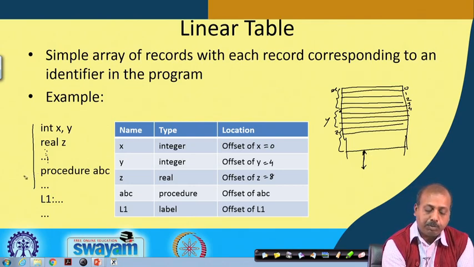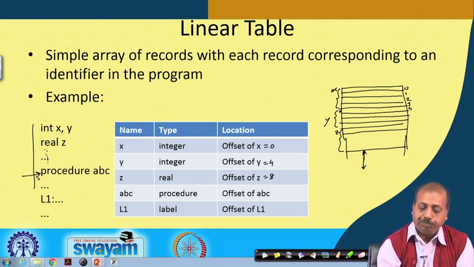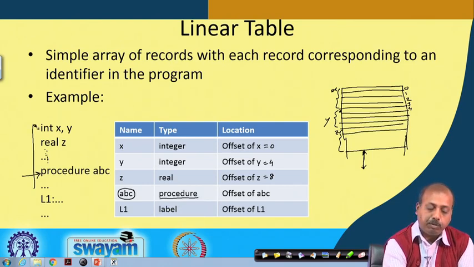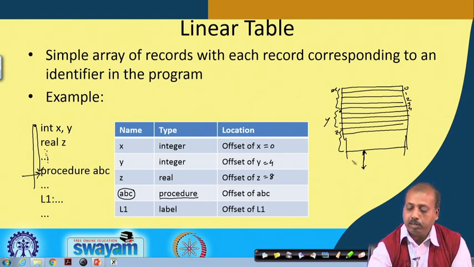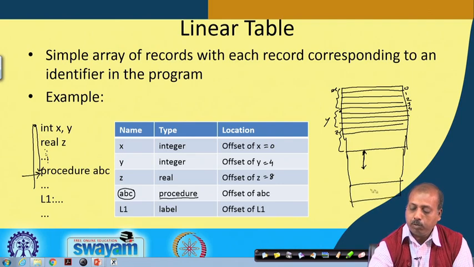Now, when we come to the procedure ABC, the name ABC is installed into the symbol table, its type is set as procedure, and the offset is the number of bytes from the beginning of the program after which ABC comes. If I assume that the translation goes up to this point, and from here onwards I store the code for procedure ABC, then the offset is counted from the beginning of the program.